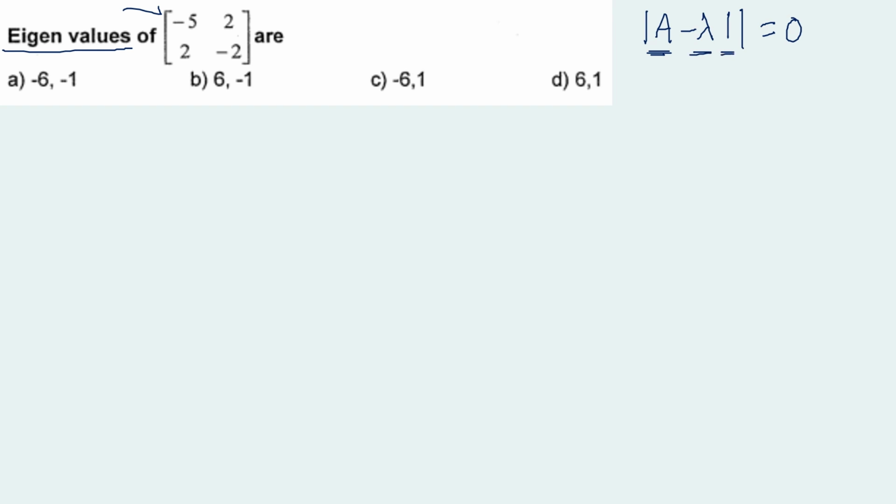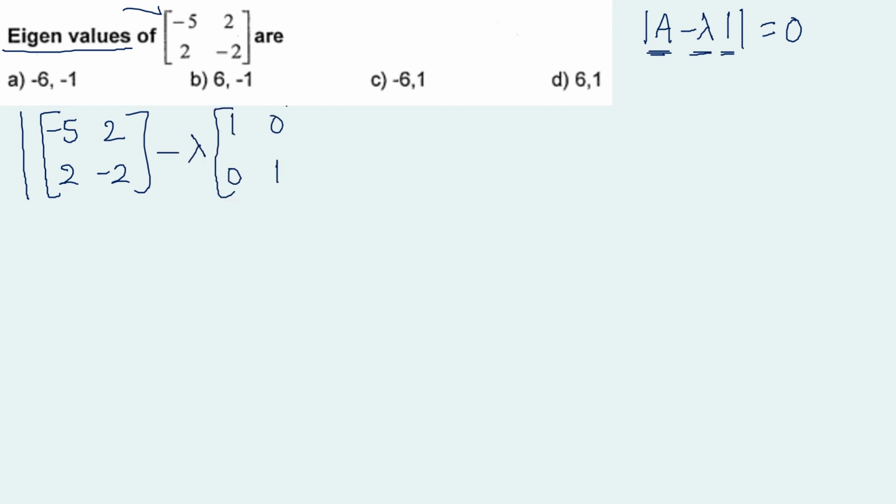Now let's substitute the given matrix and identity matrix. That yields determinant of A, which is [-5, 2; 2, -2], minus lambda times [1, 0; 0, 1], equals 0.